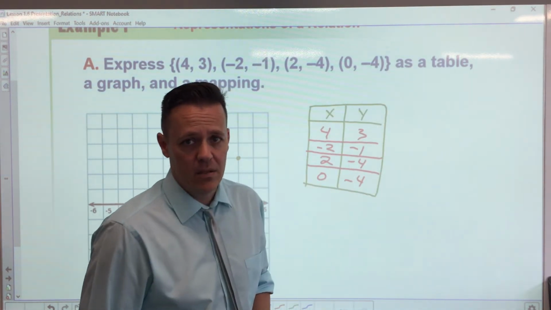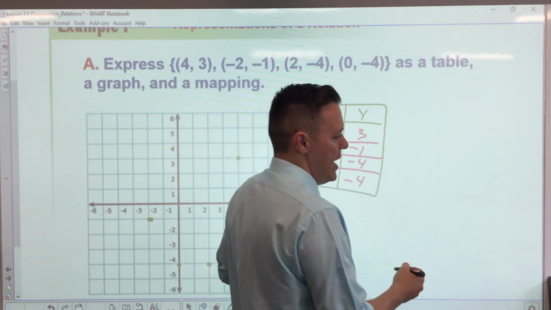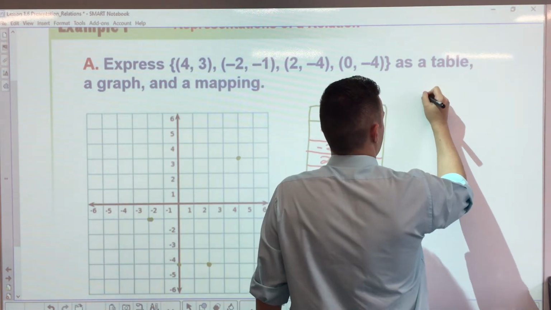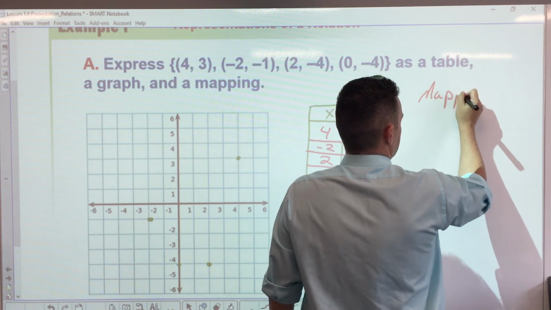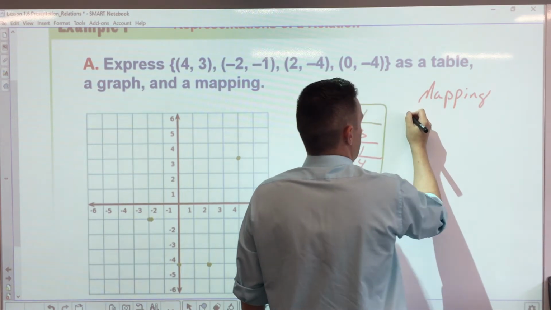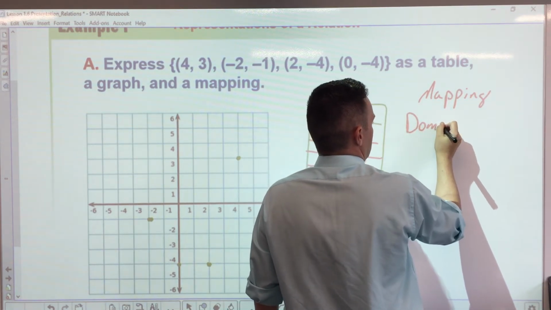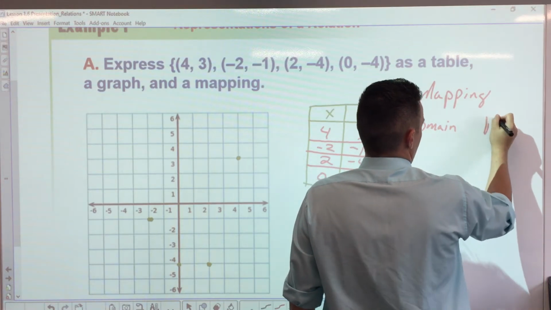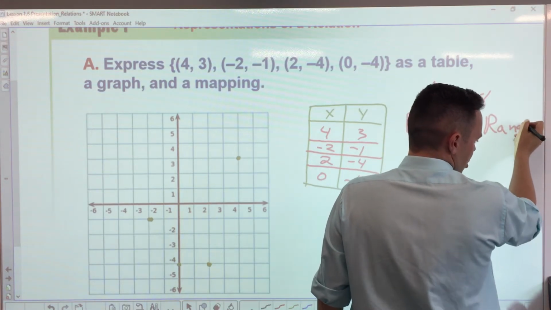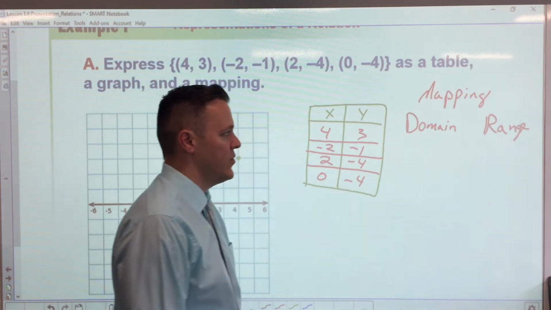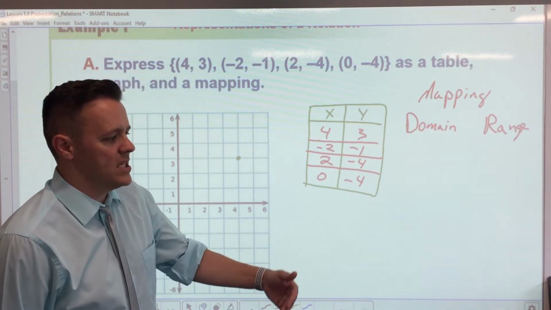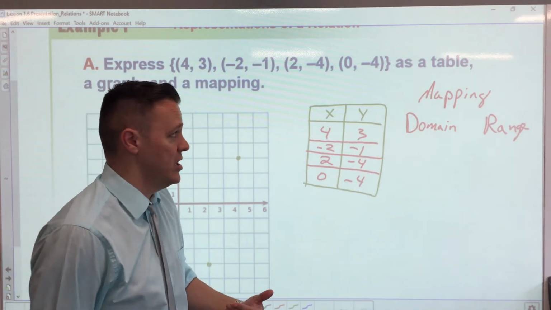Now, mapping. A mapping is set up where you have the domain and your range. These two terms were discussed on page 42. There's another example in your book at the top of page 43.